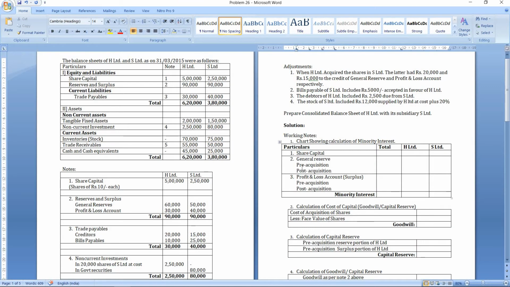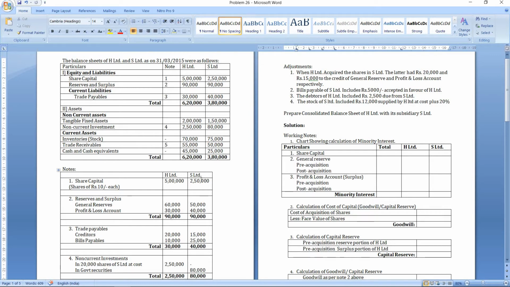So let's start with the calculation of minority interest. For minority interest, first we have to find out the ratio of holding company and the remaining shareholders. So let us see how much are the shares of S Limited. Share capital of S Limited is 2,50,000 and shares are of rupees 10 each.